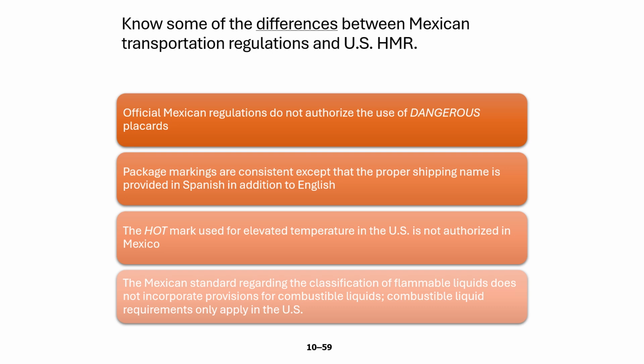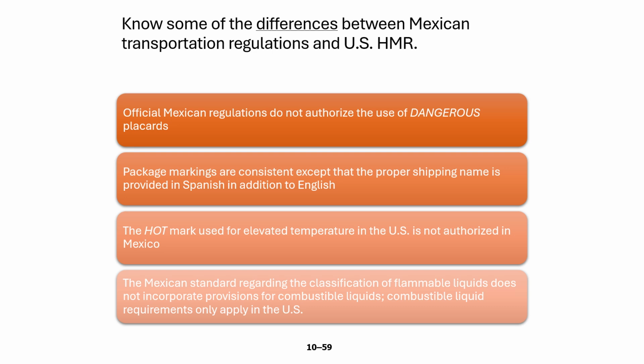There are some differences between the Mexican transportation regulations and the U.S. hazardous material regulations. Some of those examples: official Mexican regulations do not authorize the use of dangerous placards. Package markings are consistent except that the proper shipping name is provided in Spanish, not English.